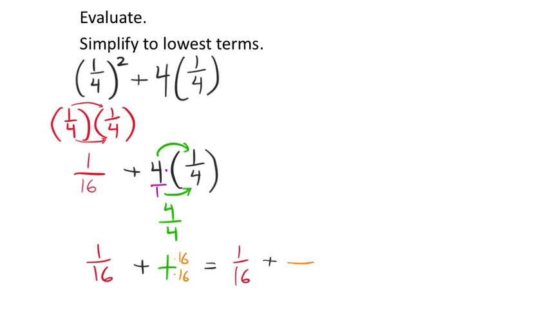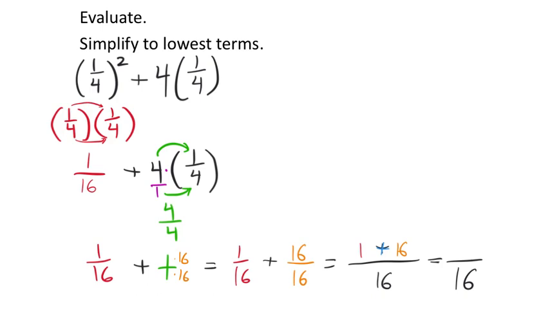In the numerator, 1 times 16 is 16. In the denominator, 1 times 16 is 16. And now I'm adding 16ths to 16ths. So I'm just going to keep the denominator 16ths, adding the two numerators of 1 and 16. So this will produce a new numerator, still in 16ths though.